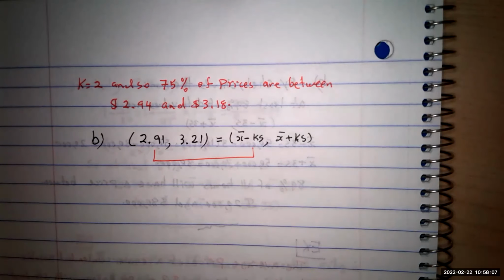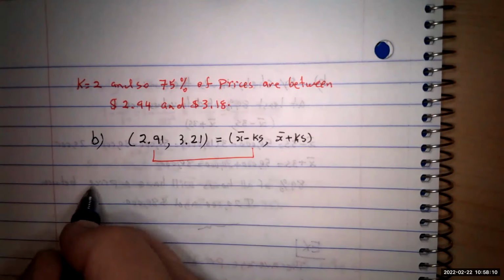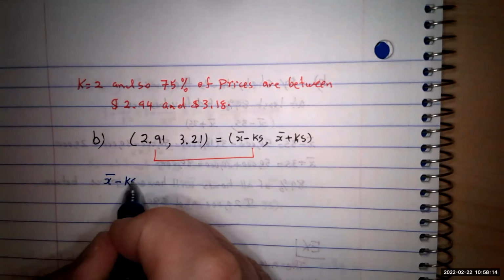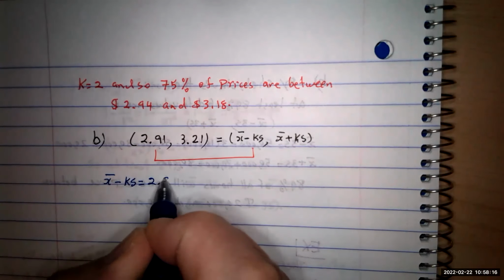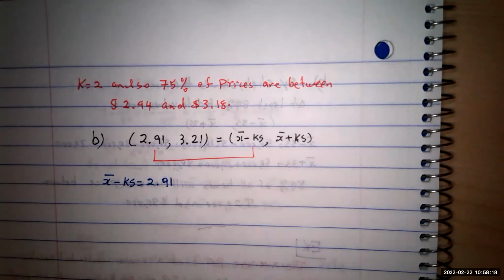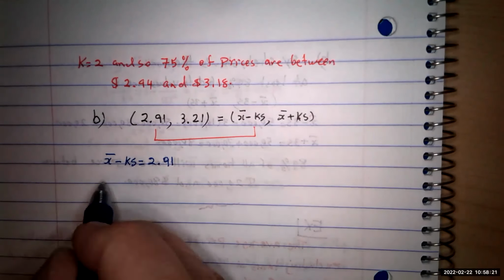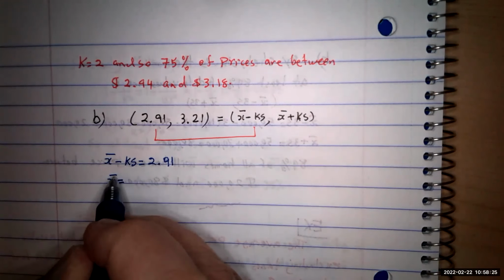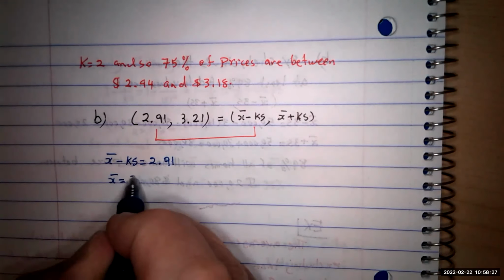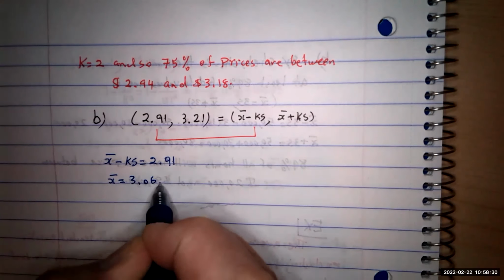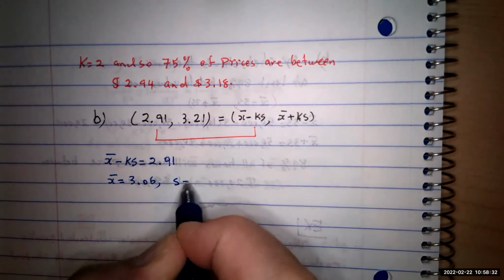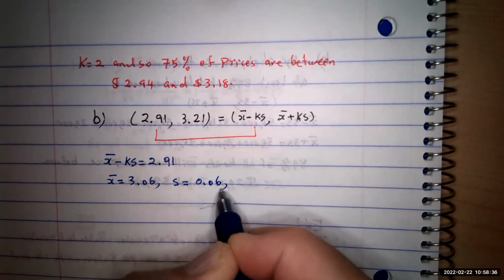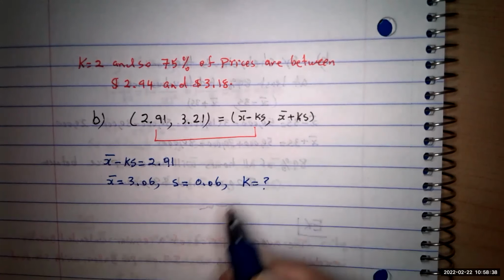Let them be equal to each other and solve for K. So it's going to be X bar minus KS is equal to $2.91, or the other one, it doesn't matter. Again, bring the X bar. Remember, just to remind you, X bar was 3.06, and S was 0.06. You substitute and you solve for K again.